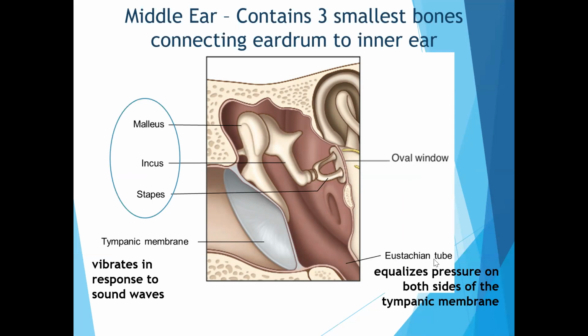You do not need to memorize this, but the eustachian tube helps equalize pressure on the tympanic membrane. The tympanic membrane vibrates in response to our sound waves, and it is what really separates our outer and middle ear. As I said, when we have our sound wave, it vibrates, and that's what then transmits the initial vibration to the malleus, which goes through the rest of the middle ear bones.